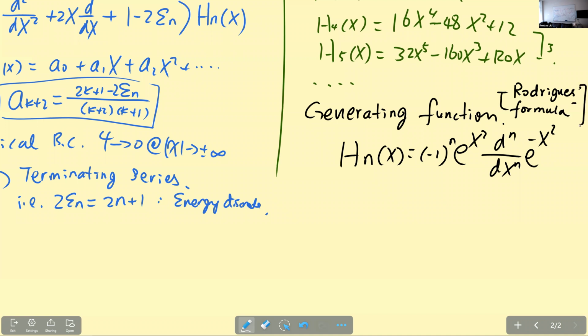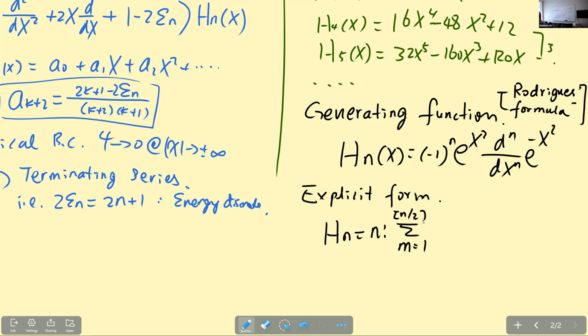Okay, so if you really want the explicit form, you can write this down as an expansion, but it has only a finite number of terms, right?